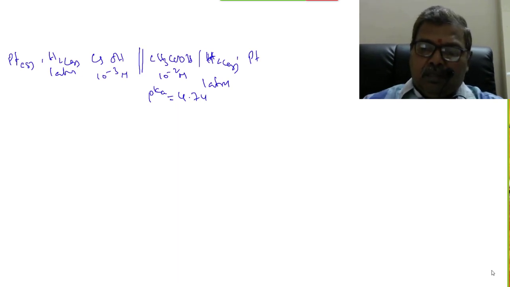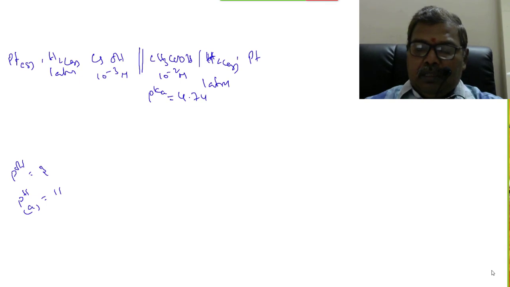Now pOH is 3, so therefore pH of the solution in the anode compartment is 11. But in the cathode half cell, acetic acid is a weak acid. So what is the formula used to calculate pH of a weak acid?